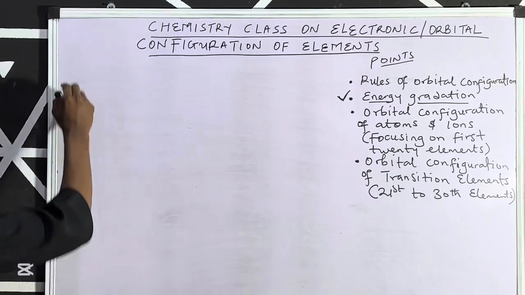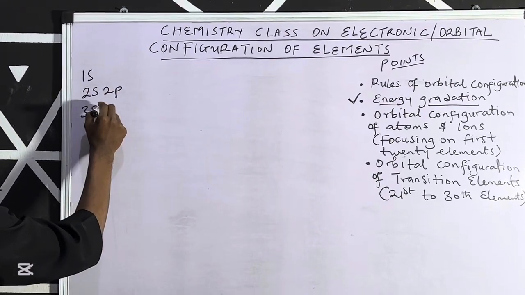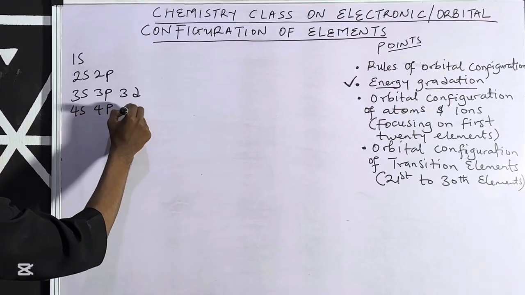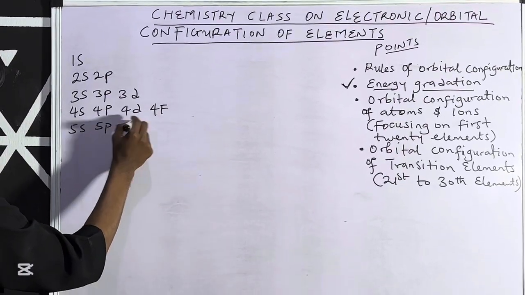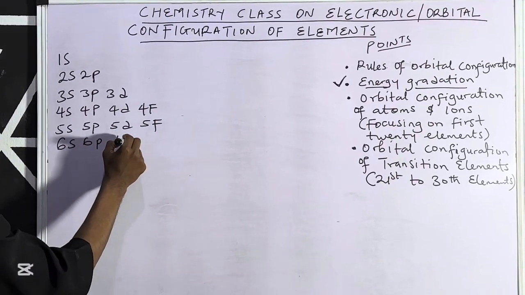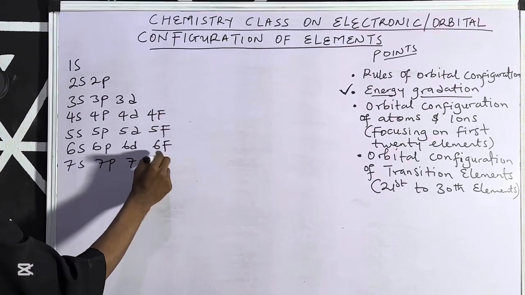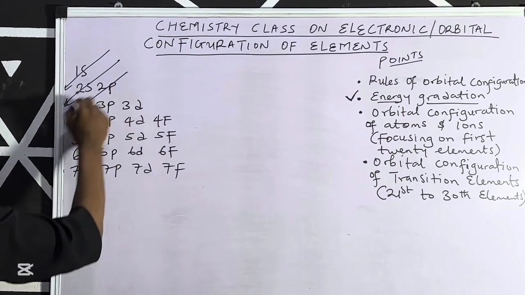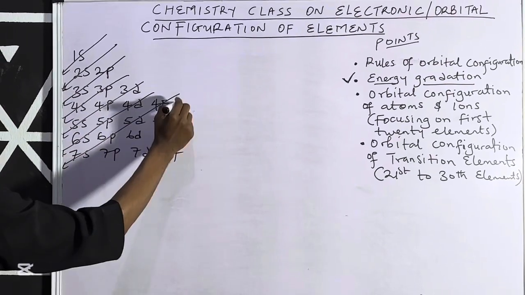What I meant is something like this: 1s, 2s, 2p, 3s, 3p, 3d, 4s, 4p, 4d, and 4f, 5s, 5p, 5d, and 5f, 6s, 6p, 6d, and 6f, 7s, 7p, 7d, and 7f. It takes this pattern from top to bottom, moving in a slanting direction, something like this.